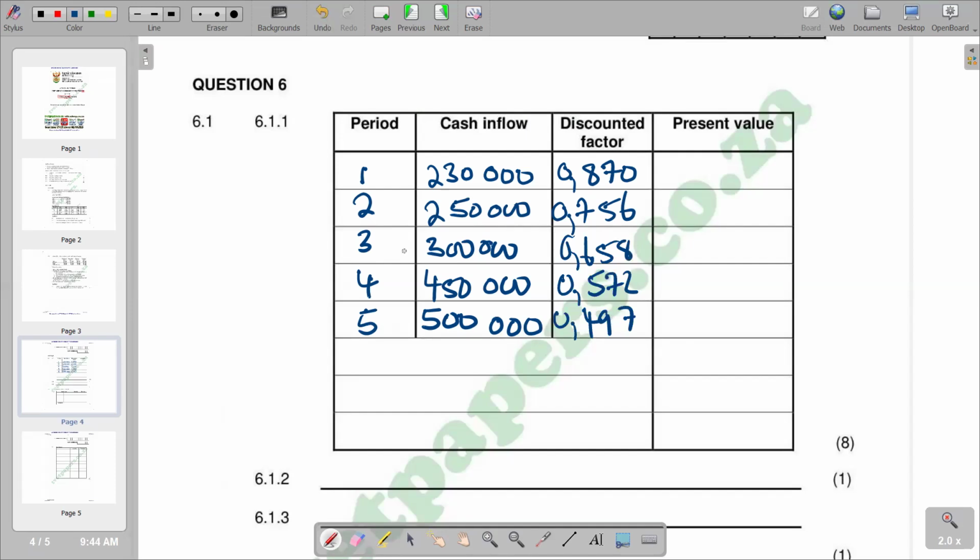And obviously, for present value, we are now saying cash inflow times discount factor equals our present value. Period 1, 230,000 times 0.870, you're going to get 200,100. Period 2, 250,000 times 0.756, you're going to get 189,000. Period 3, we get it as 197,400.